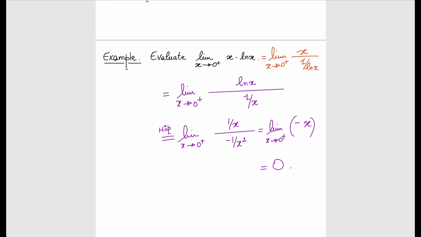This puts you in an indeterminate form of type 0 over 0, right? Because as x goes to 0, upstairs goes to 0, and as x goes to 0 from the right, 1 over ln x goes to 0. So this puts you in the context of 0 over 0, and L'Hopital can handle it, you can check.